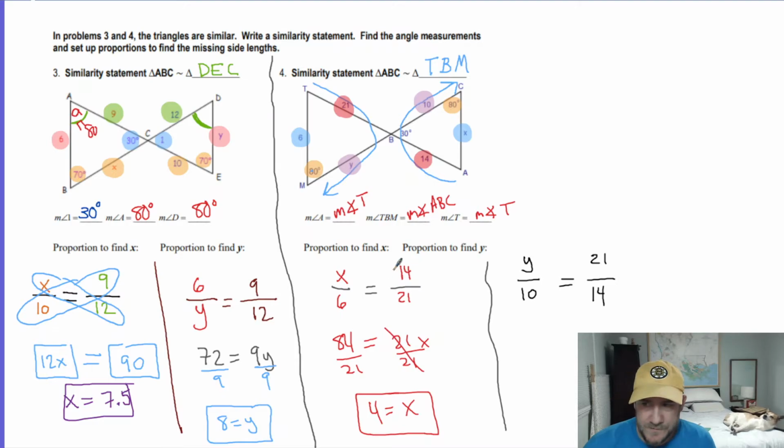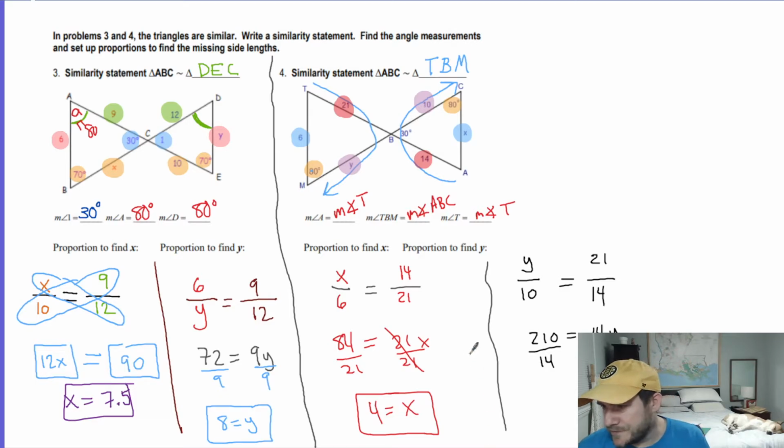So that's different. The first time I had 14 over 21. This time I have 21 over 14. And that's fine because I swapped the other fraction. Anyway, let's do it. 21 times 10 is 210. And 14 times y is 14y. Now you'll divide by 14. You'll get y equals. Now I'm not sure what 210 over 14 is, so we'll go back to the calculator.